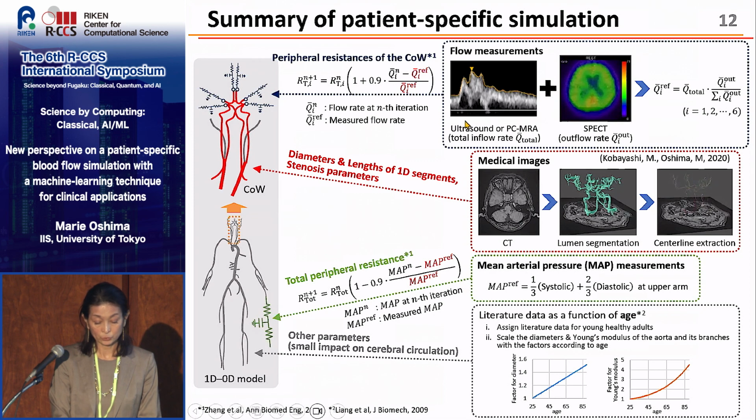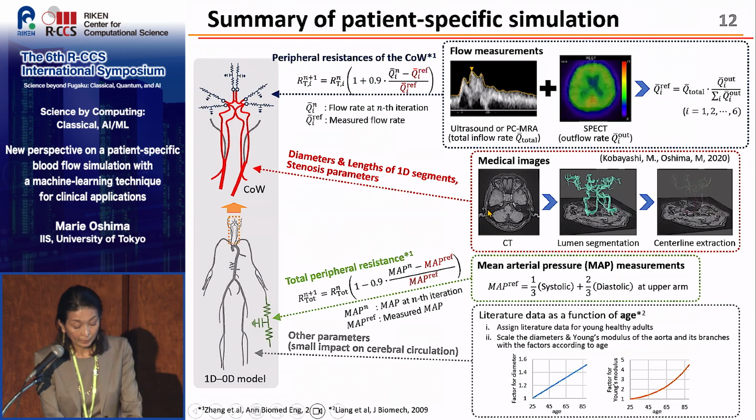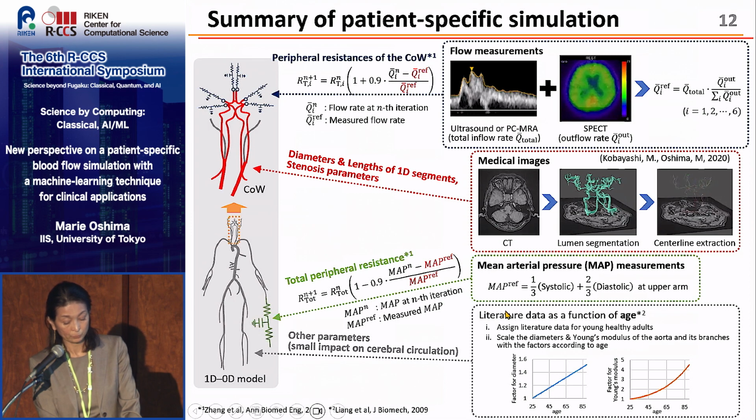And also we use the velocity information from ultrasound or PCMRA. And also we need the output flow information that comes from the SPECT. So that will give you the flow in the peripheral region. And also, as I mentioned, we consider the compliance of the cerebral artery, which comes from the empirical relationship like this one.